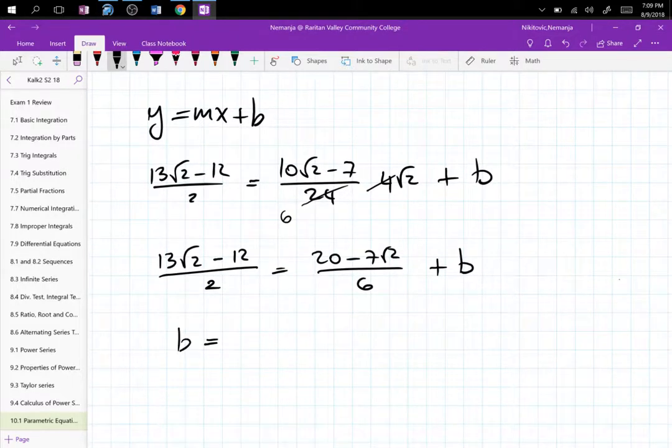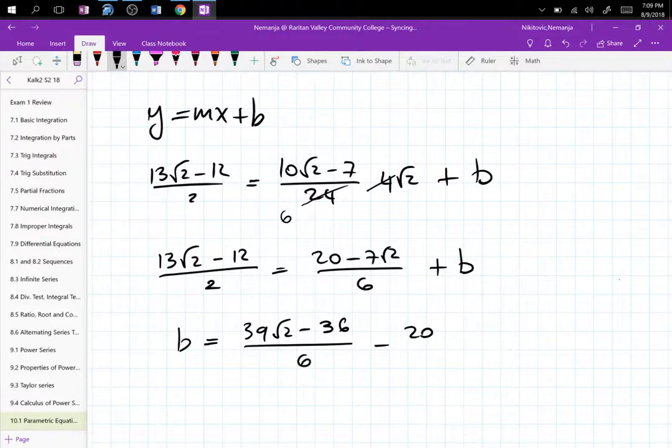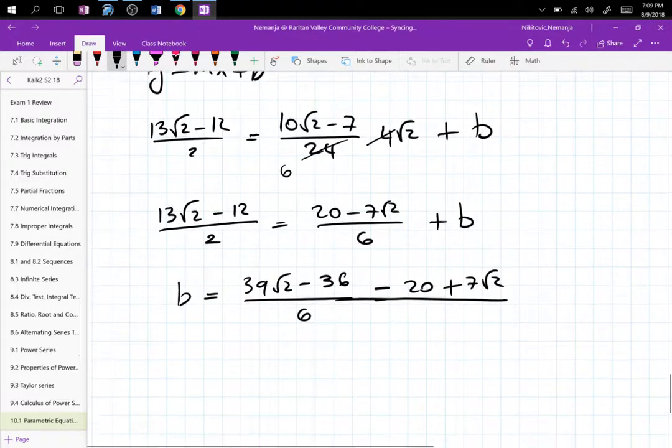So b, now I need to multiply by 3: 39 root 2 minus 36 over 6 minus 20 plus 7 root 2, over 6.